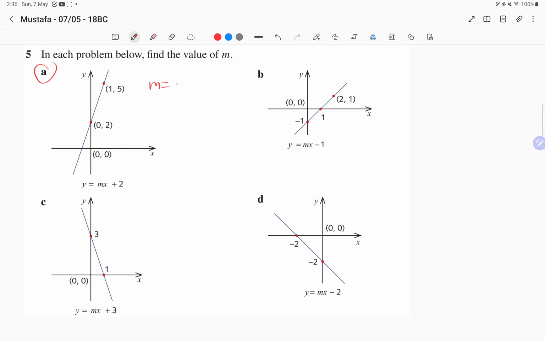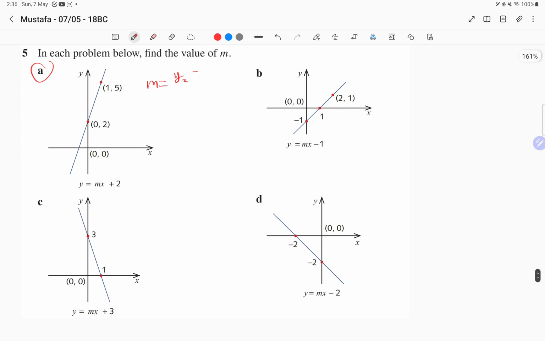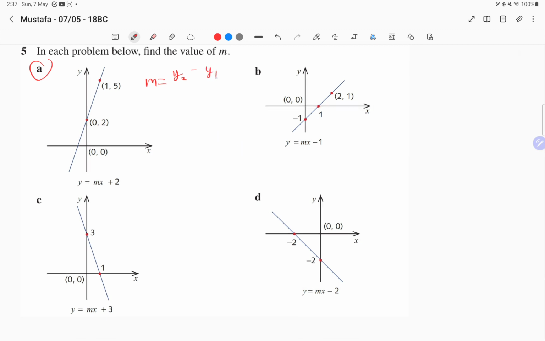Yes, it starts with the rise, which is the y stuff. Now it's y2 minus y1 over x2 minus x1, yeah? Okay. Then sub the values in.